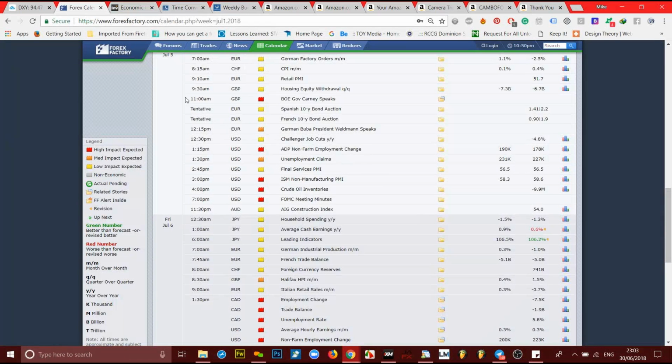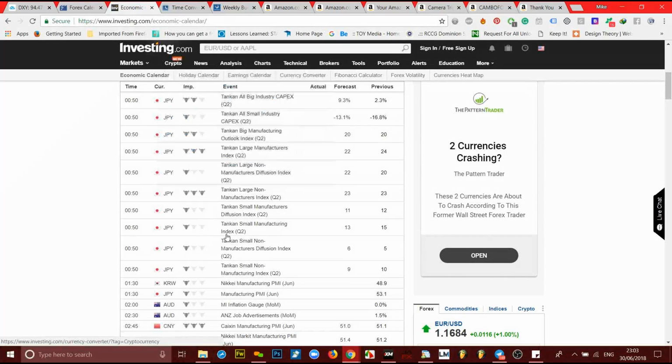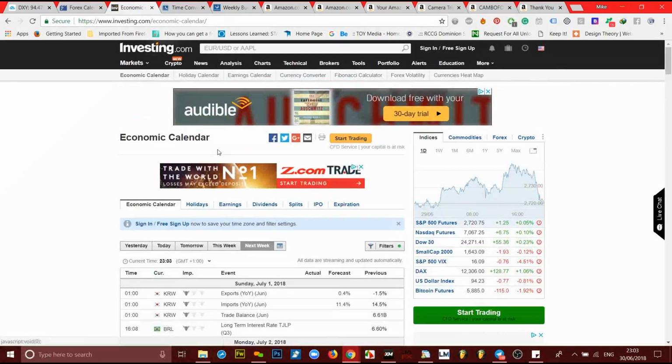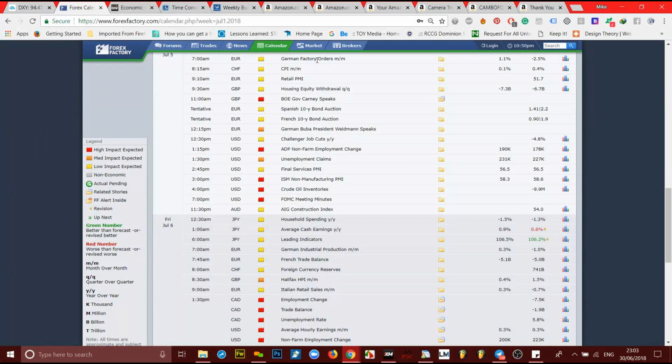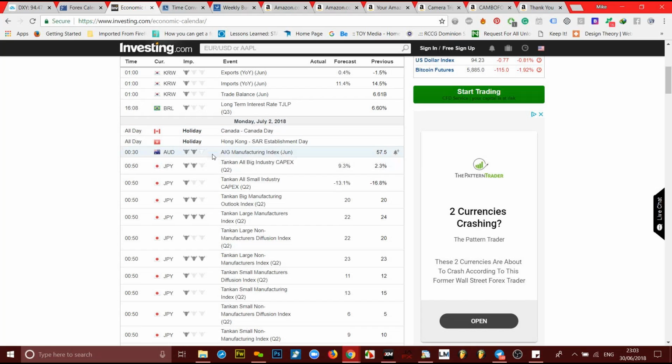I like the way the outlook was, but I noticed that some of the news that investing.com would pick as high impact news, Forex Factory considers to be low or medium impact news, and that doesn't work for me. It's a kind of discrepancy. So what I intend to do now is to look at both calendars, because a number of times we've been getting the GBP news just sneak up on us without prior notice.